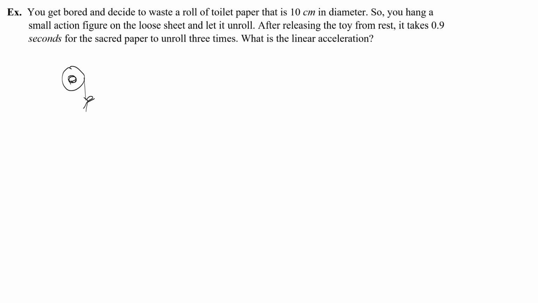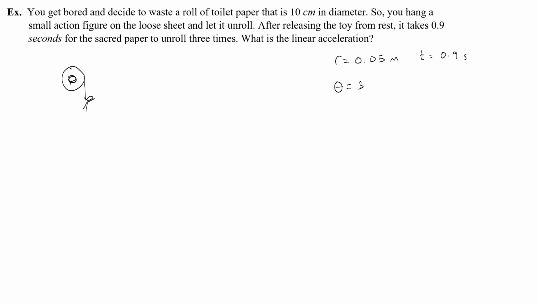You're getting so bored. Immediately, I would need to recognize that the radius is 5 centimeters, which would be 0.05 meters. And it tells me that the time it takes to fall is 0.9 seconds, and the paper unrolls 3 times. So that is going to be our change of angle, or our angular position. 3 times.